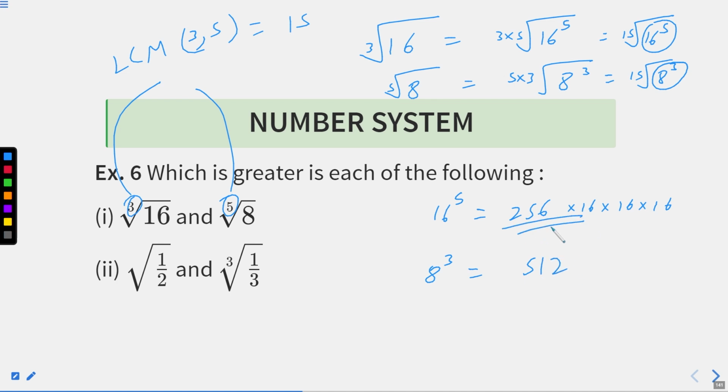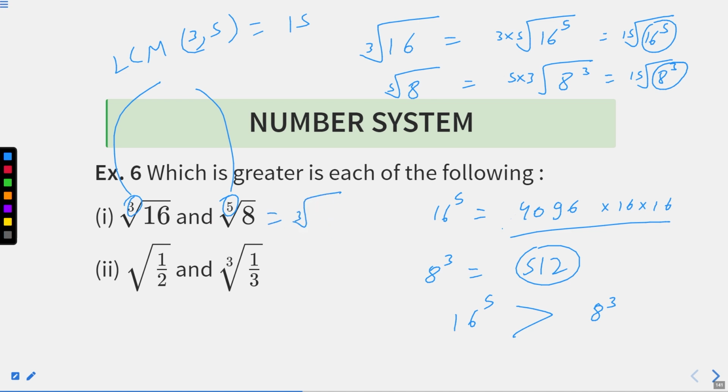Now if I multiply this, 16 times 256 is 4096, something like that. And I can easily say from this that 16 raised to the power 5 is greater than 8 cube. So I can say that cube root of 16 is greater than 5th root of 8.